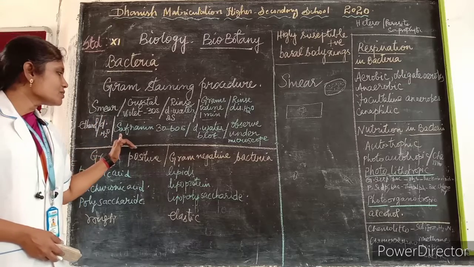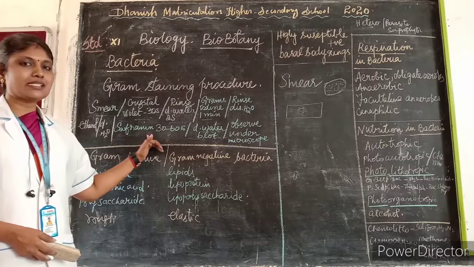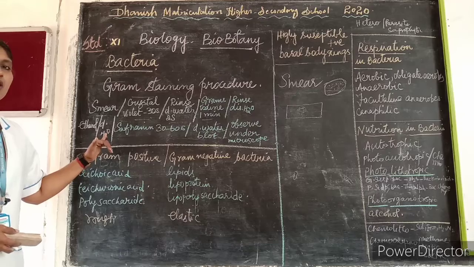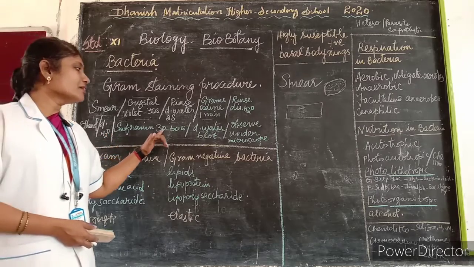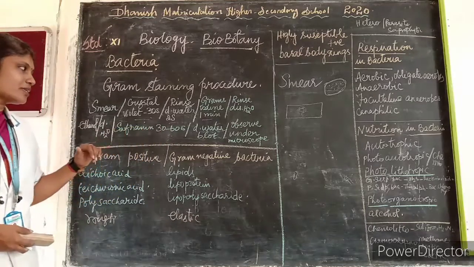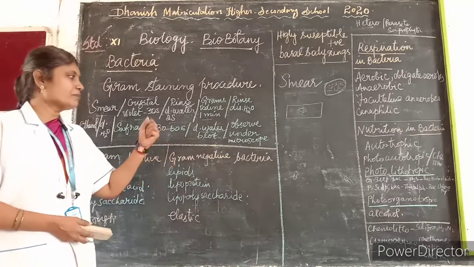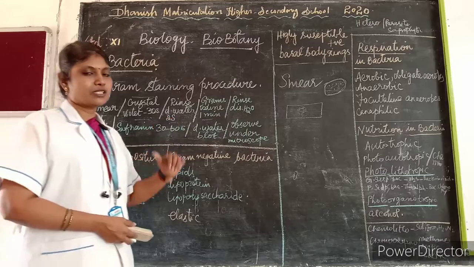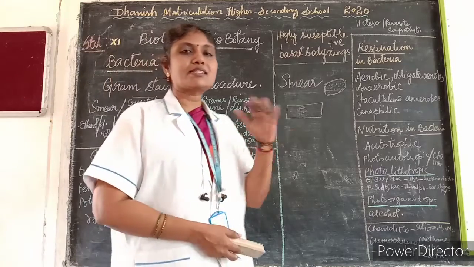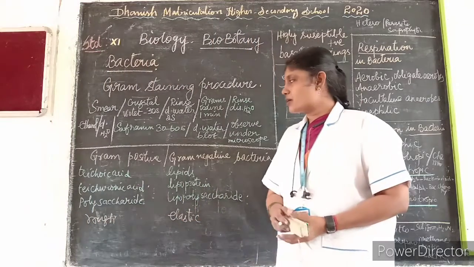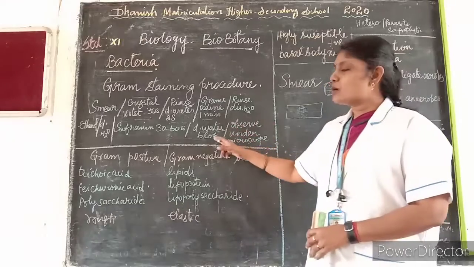Then you can use safranin, a stain which looks red or pink in color, for 30 to 60 seconds so that the bacteria also absorb this color. Then you have to use distilled water to clear extra stain. After that, you can blot it.